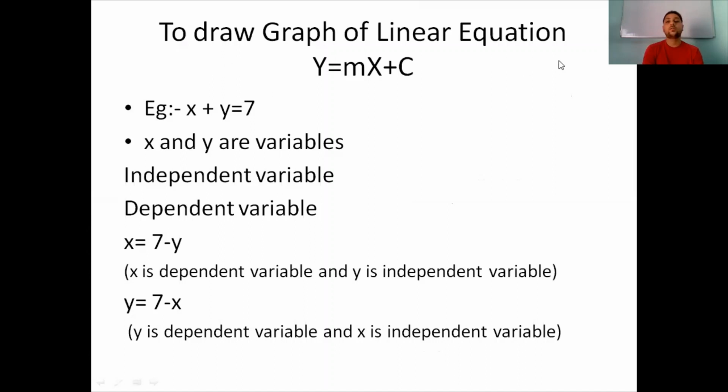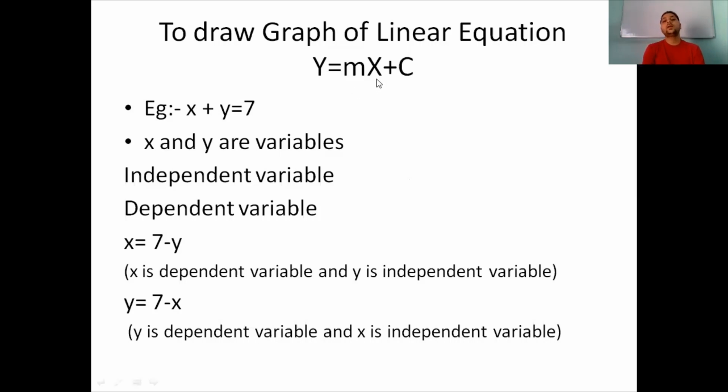Now, how to draw the graph of a linear equation? We have the general form of a linear equation: y is equal to mx plus c. Here y is a dependent variable and x is an independent variable. First we have to understand what dependent and independent variables are.